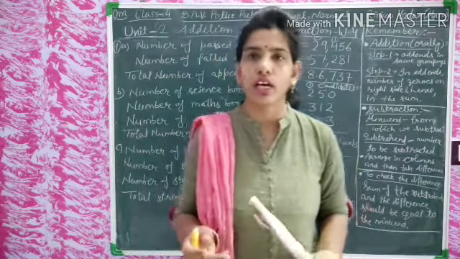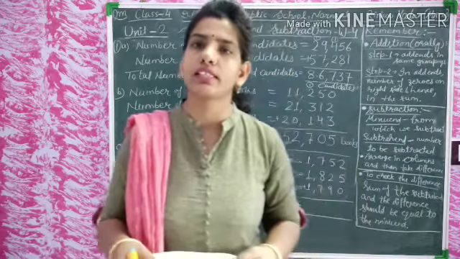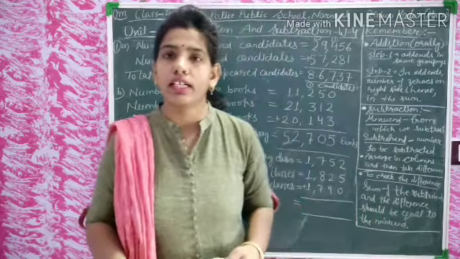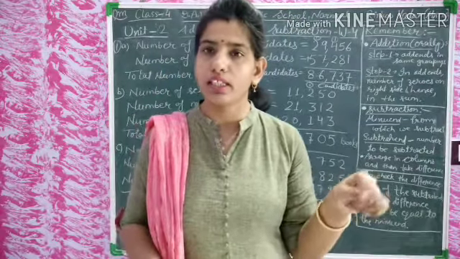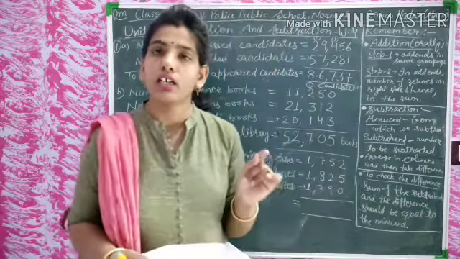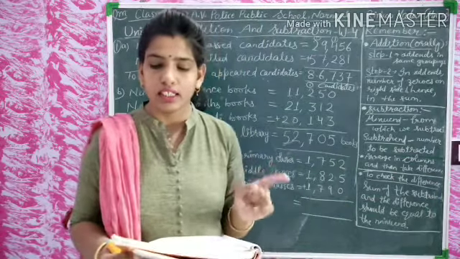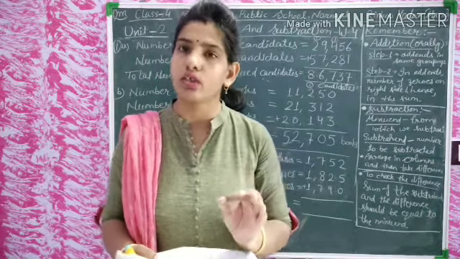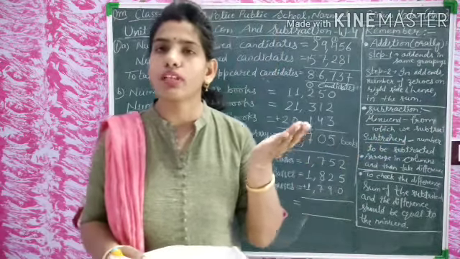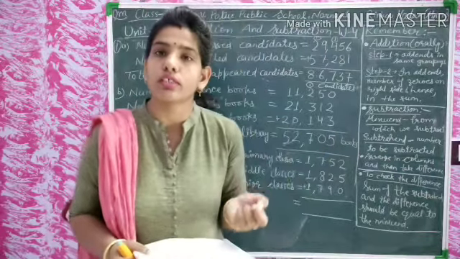Suppose you are in the school, in the primary or middle classes, but the question says that in the primary classes there are 1,752 students. In the middle classes, there are 1,825 students, and in the senior classes, there are 1,790 students. So you have to find the total strength of the school.